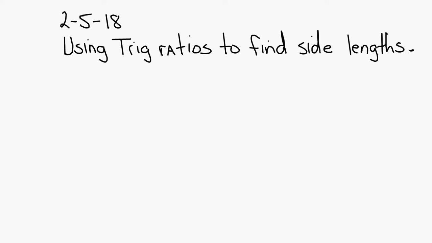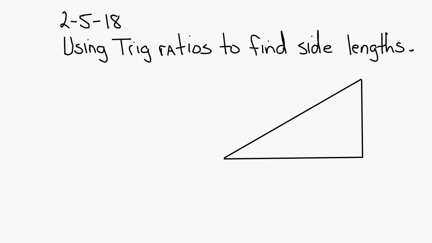So, if you look at example 4a on the top of 543, you're given a right triangle that looks like ABC.